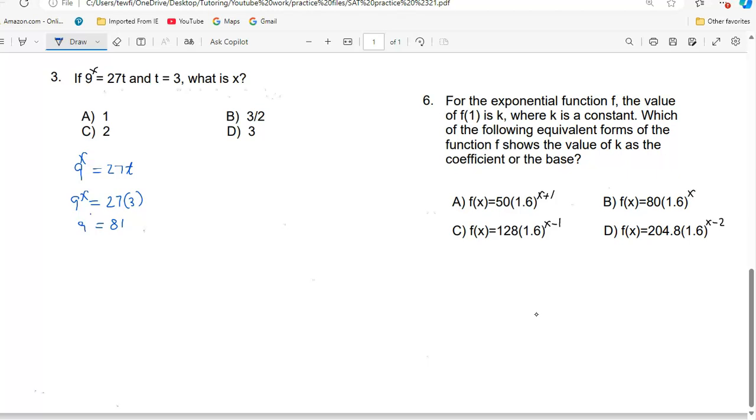So 9 raised to the x equals 81, but we know 81 is 9 squared, so I have 9 to the x equal 9 squared. If the base is the same, the exponent has to be equal, right? So in this case, x equals 2. Choice C.